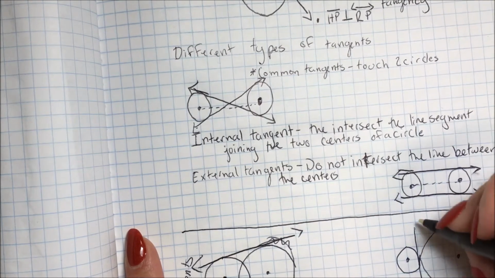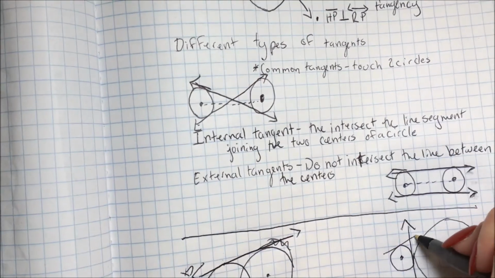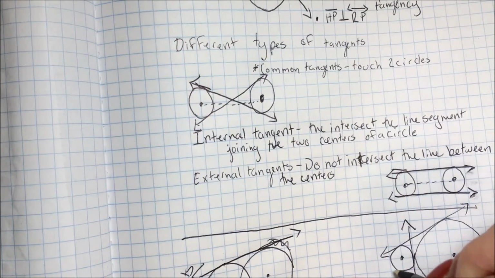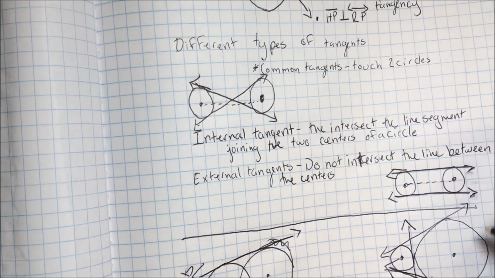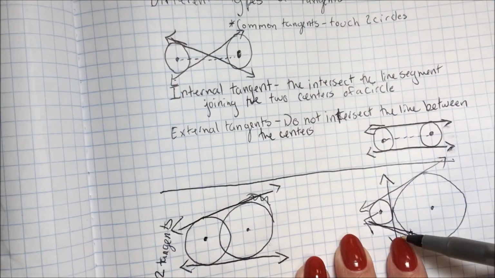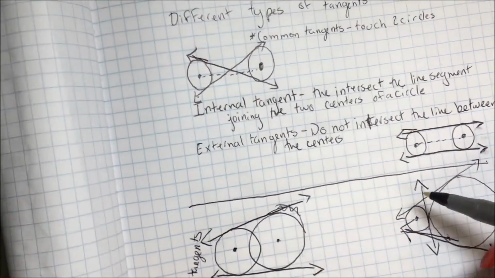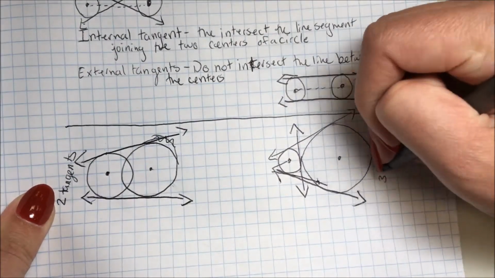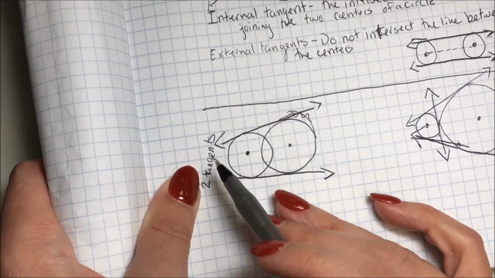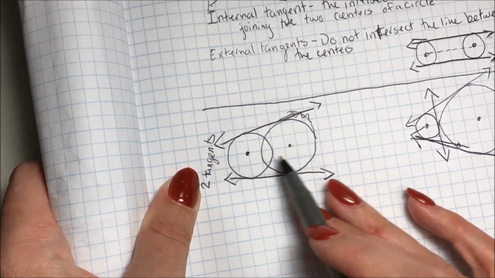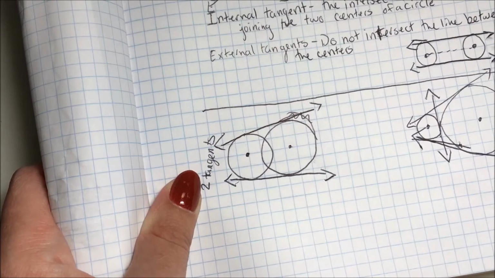In which case there are 3 tangents. Yeah, that's a terrible tangent. Okay, 3 tangents. 2 are external, 1 is internal. Here these are both external tangents because they don't intersect the line between the centers.